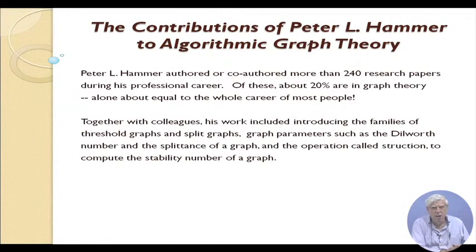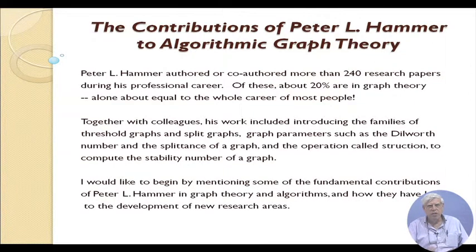Together with colleagues, he worked introducing families of graphs like threshold graphs and split graphs. He invented or promoted different parameters in graphs, like the Dilworth number, the splittance of a graph, and a technique called destruction. And so I would like to begin by mentioning some of his fundamental contributions.